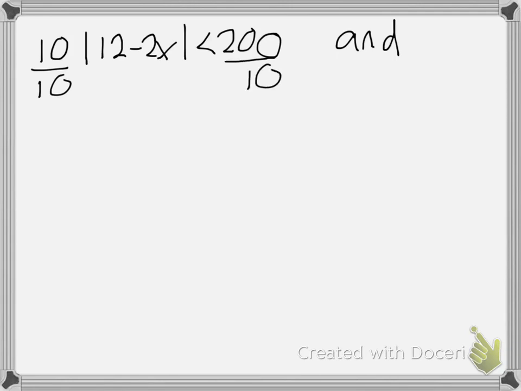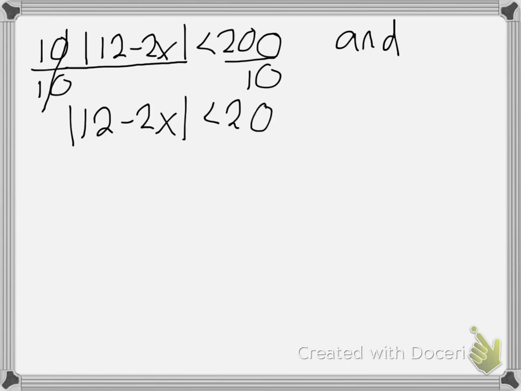Okay. Now, I don't have to divide everything in the middle by 10 because this whole thing is getting divided by 10, kind of like that, because this is multiplication. So these are going to cancel, so I now have 12 minus 2x is less than 20. Now I get to do my fun stuff. 12 minus 2x is less than 20.